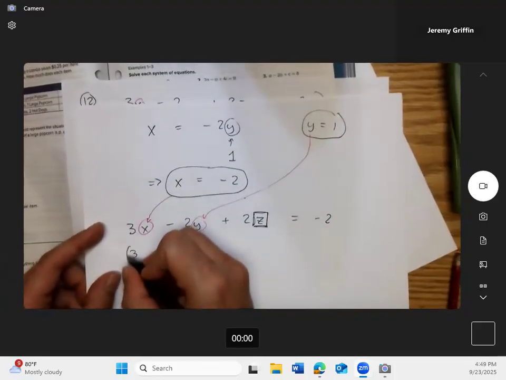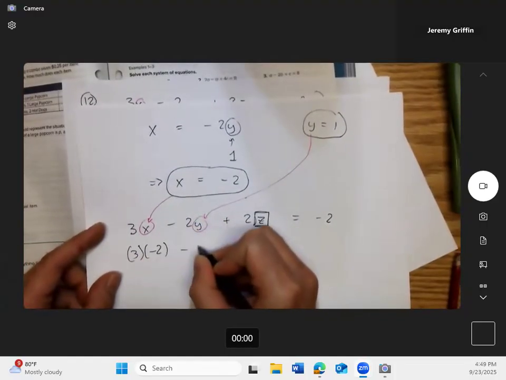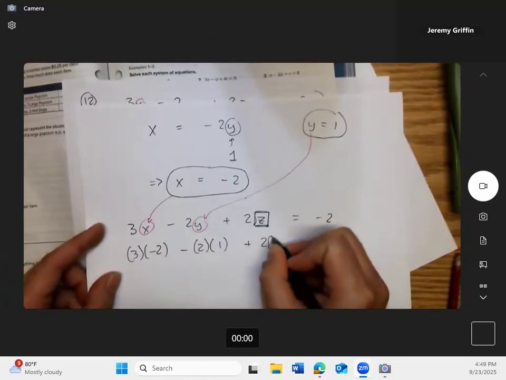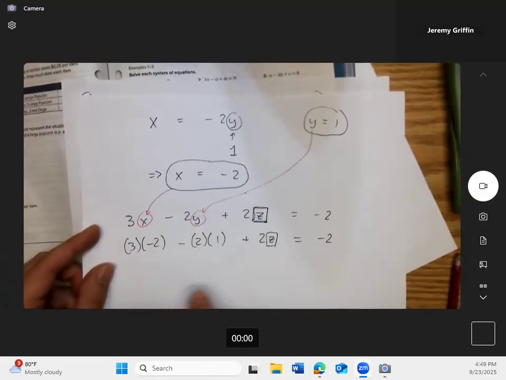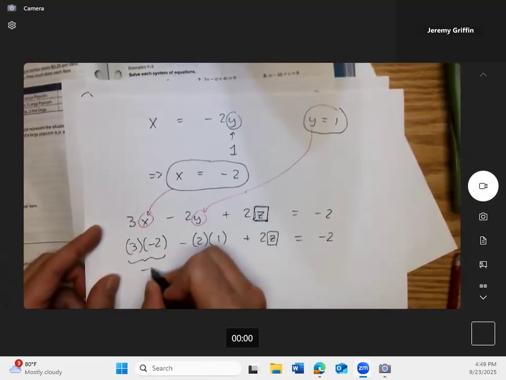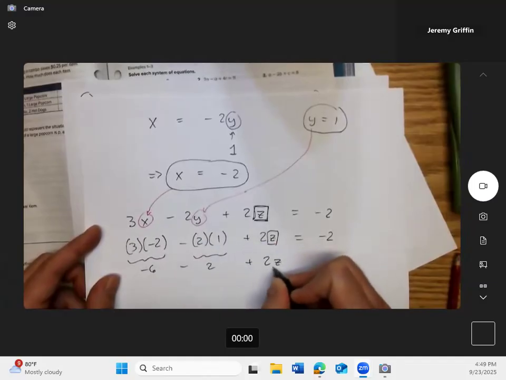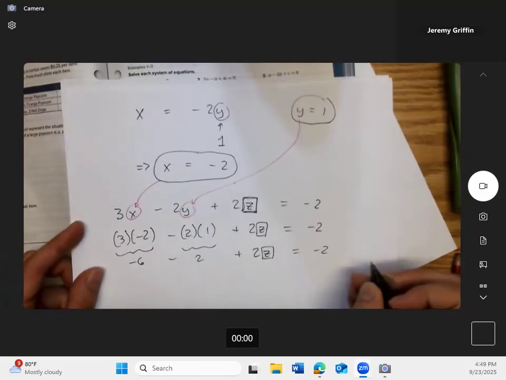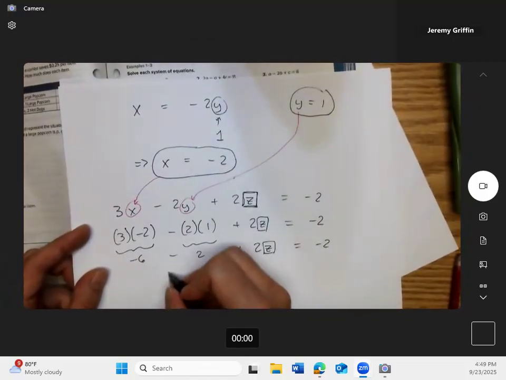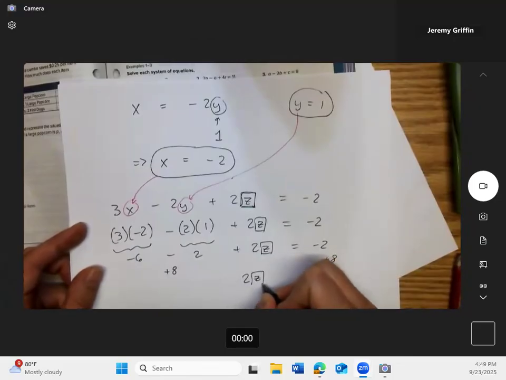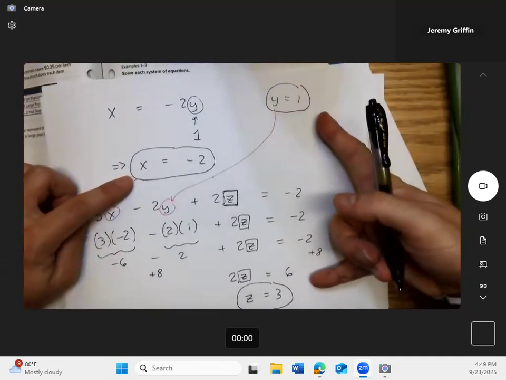So 3 times negative 2 minus 2 times 1 plus 2z equals negative 2. That's negative 6 minus 2 plus 2z equals negative 2, so negative 8. Add over 8, so 2z equals 6. Therefore, z equals 3. Aha. So here's my x, my y, and my z.